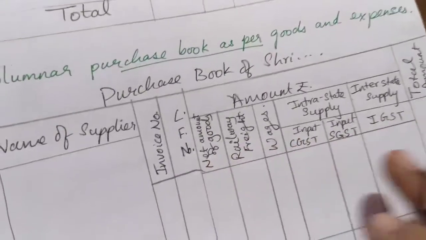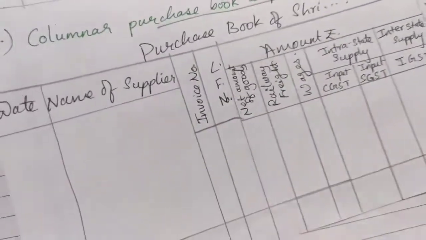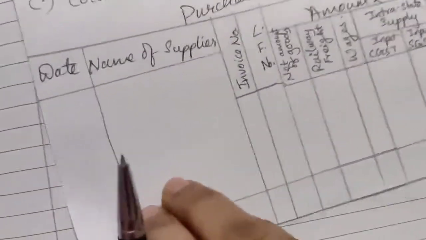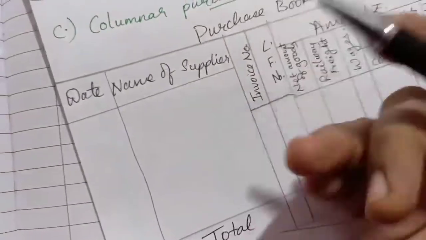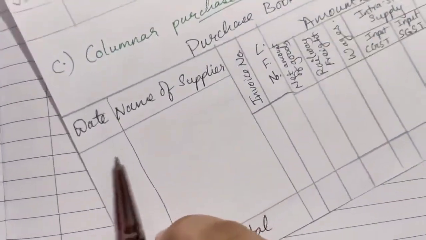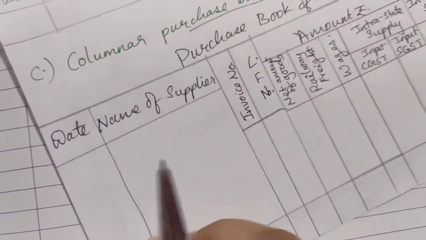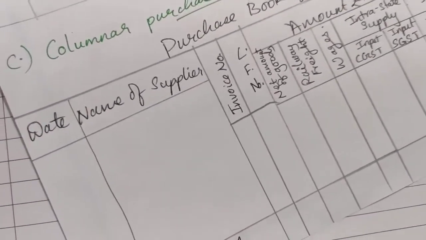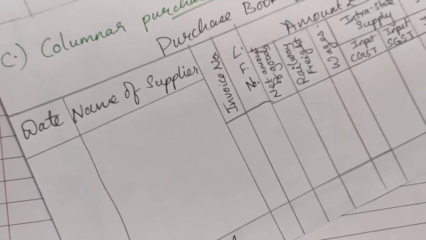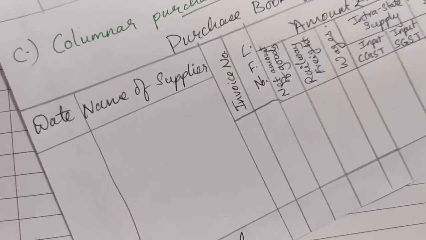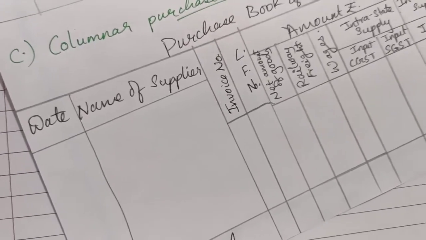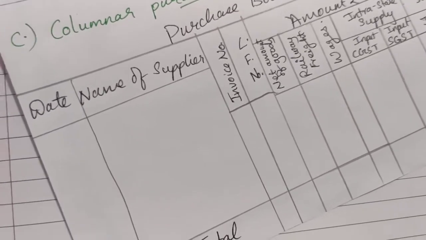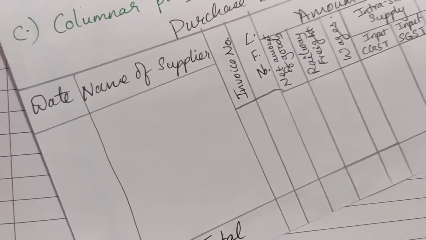Now let's see it with an example. Suppose on January 25th, goods purchased of rupees 10,000 at 10% trade discount from Mr. V of Rajkot. We are in Gujarat itself. We are in Ahmedabad.